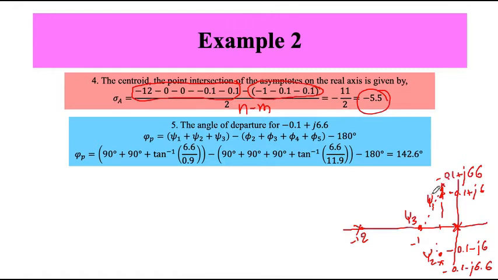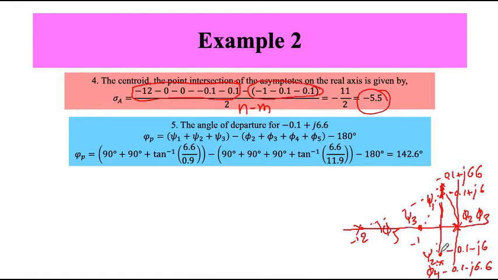Similarly, for the poles, we consider two poles and one other pole, phi 2, phi 3, and phi 4.